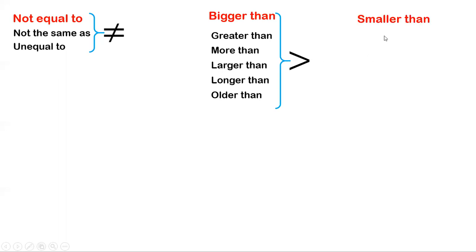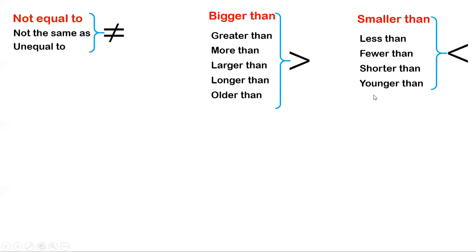Smaller than, you can use less than, fewer than, shorter than when you're talking about height or length, younger than when you're talking about age, and then you will need to use this symbol, okay? Then bigger than or equal to.